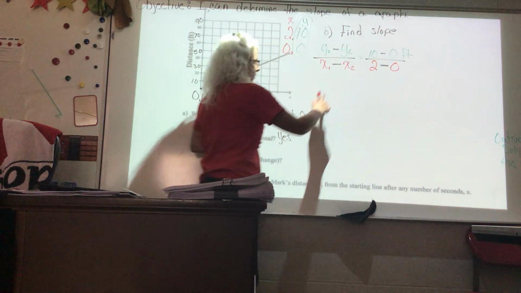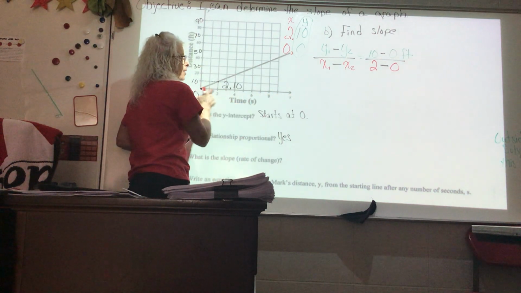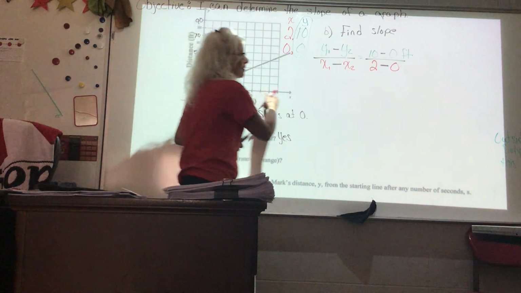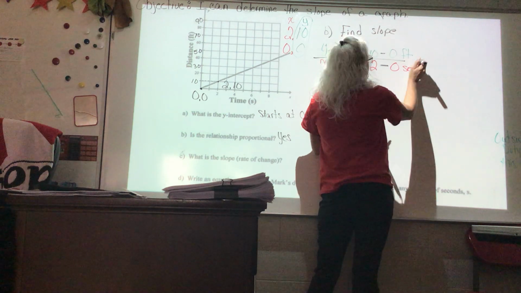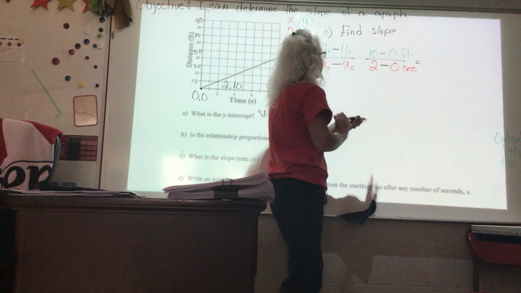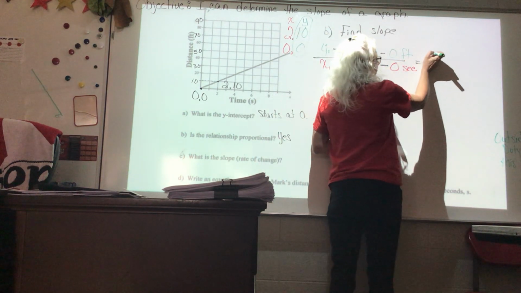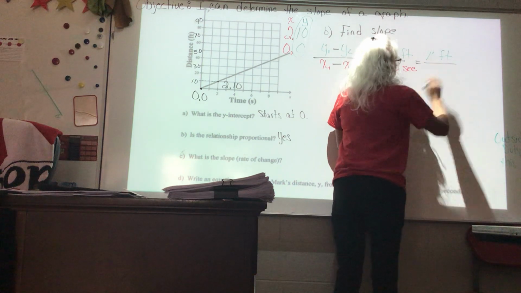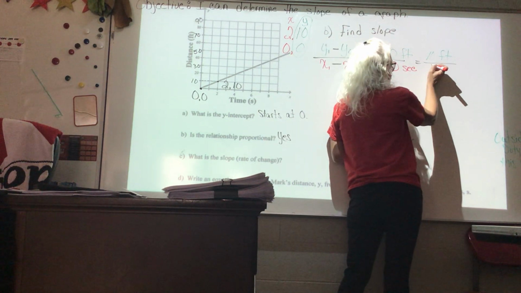These are my x's, so here's my x-axis. What label is on the x-axis? Time, which is measured in seconds. Ten minus 0 feet is 10 feet. 2 minus 0 seconds is 2 seconds.